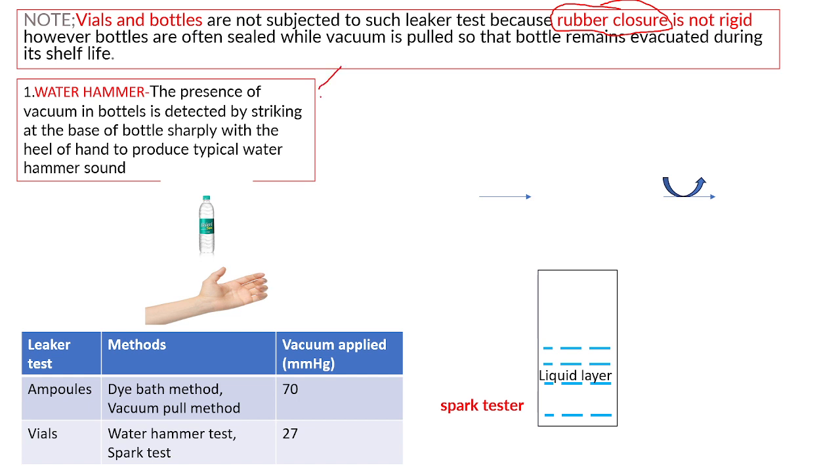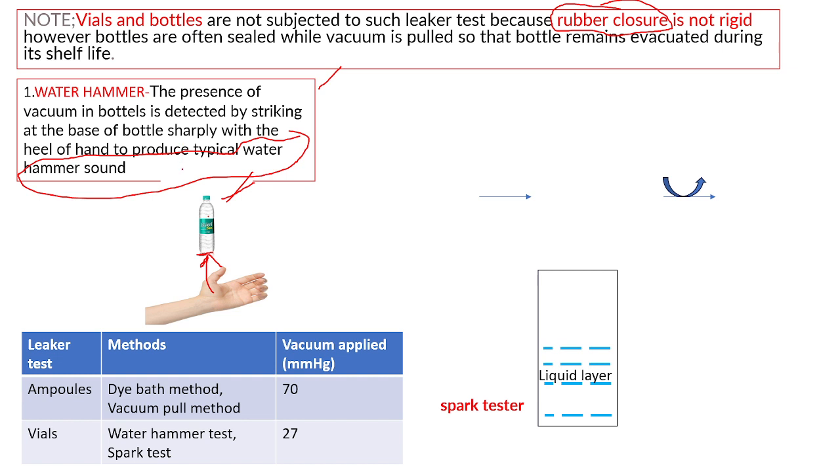In the water hammer test, take one bottle. The base of that bottle is struck with the heel of the hand. If a water hammer sound is produced, then we can detect the presence of vacuum.